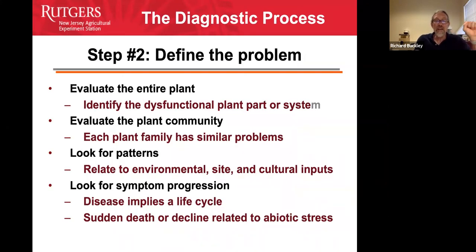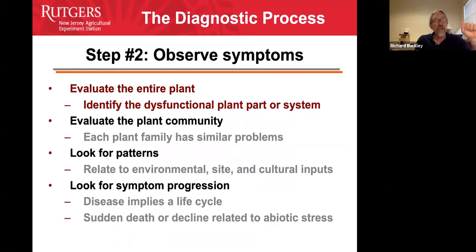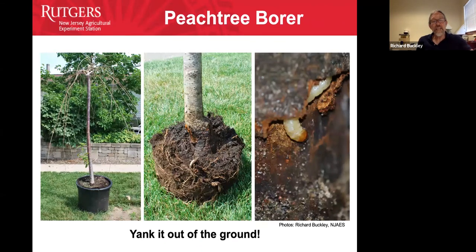The next thing to do is define the problem. What we're trying to do is narrow down, separating abiotic versus biotic. So we're going to evaluate the entire plant and identify the dysfunctional plant part or system. Spectacular abnormalities in the canopy sometimes have nothing to do with the canopy and everything to do with the roots.